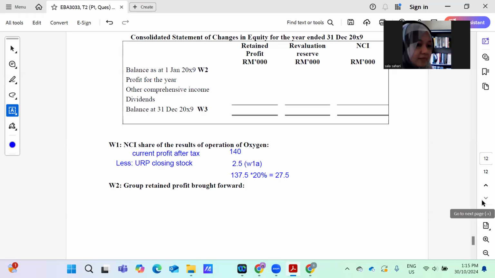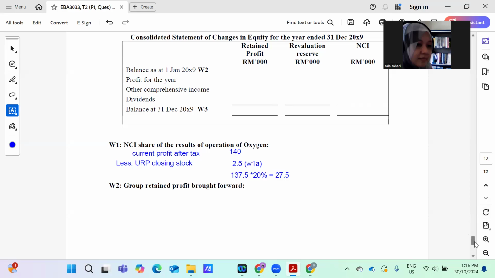This one you need to do a little bit on question. So we have balance H and oxygen balance, but you need to adjust on the pre-acquisition profit.